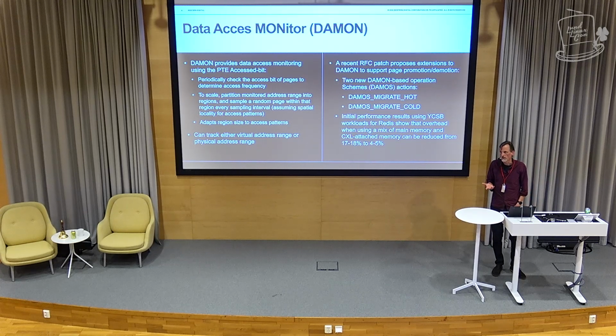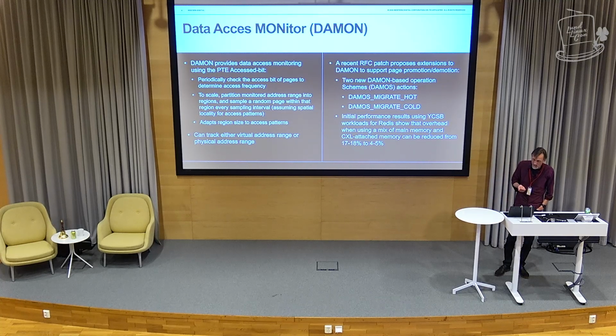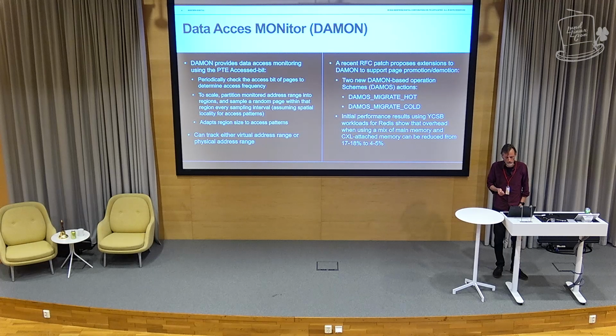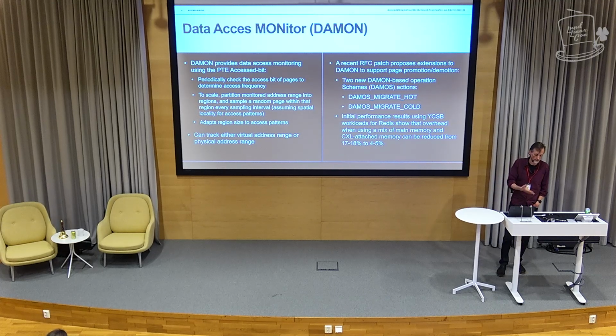And so in the RFC patch, they also have some measurements using Redis and Yahoo workloads to show that, okay, if you're looking at a mix of DRAM and the CXL attached memory, you can still go from maybe 7 to 18% slowdown to much better, to 4 or 5% slowdown. So these are already complete software-based, using existing hardware features that you can use to monitor your workloads, and then try to adapt the data layout to the workload.